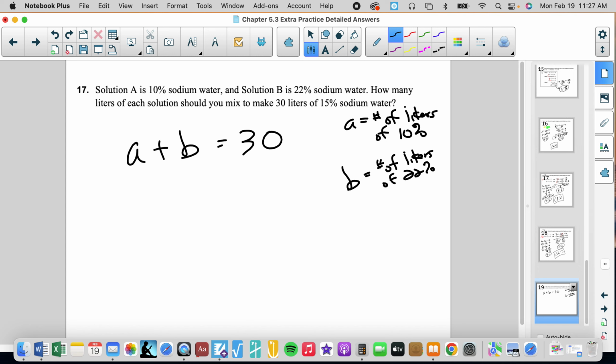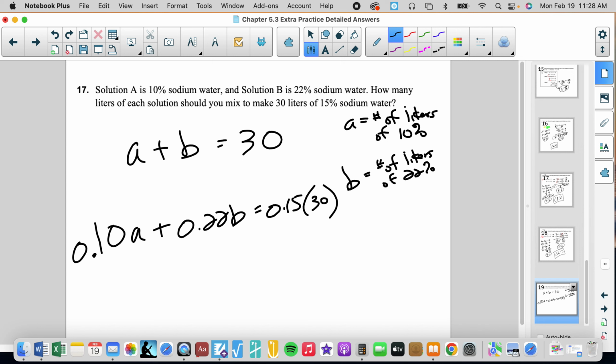Now, I'm going to multiply 10%. Now we can do 10, or we can do the decimal. 10% of A plus, let's do 0.10 A plus 0.22 of B should equal 0.15 of 30 liters.